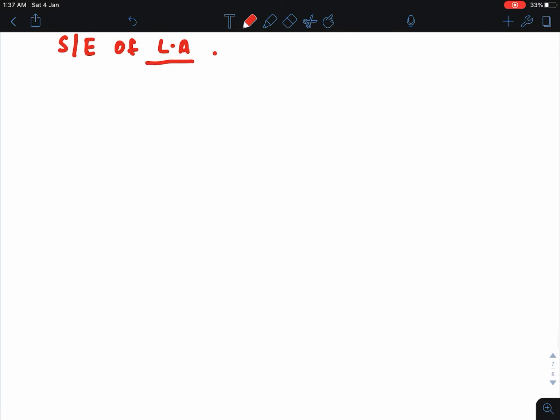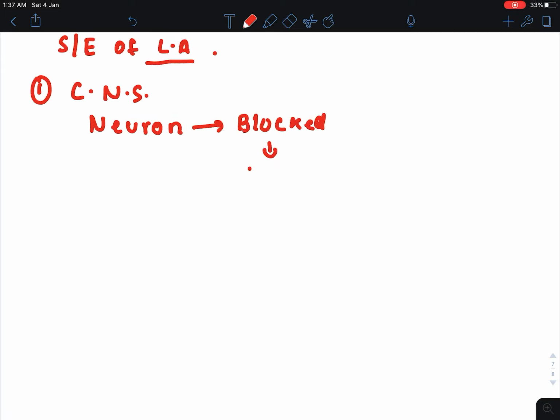Now the side effects of local anesthetics in the CNS, the central nervous system. We all know that the fundamental structure of the central nervous system is the neuron. When these neurons are blocked, the brain will be depressed, and it will progress to clonic convulsions.